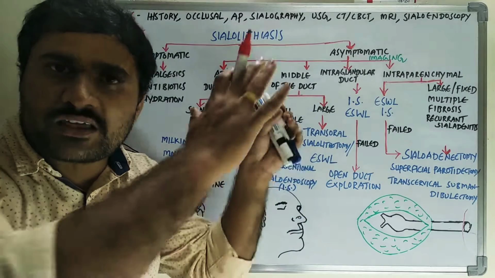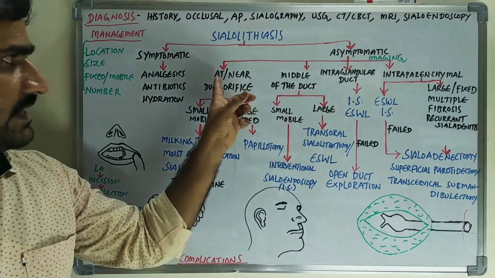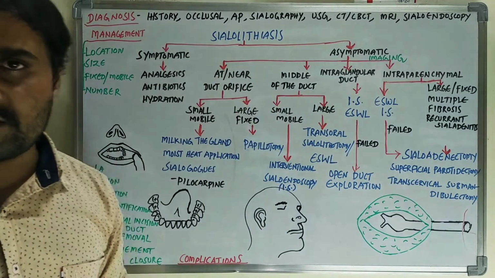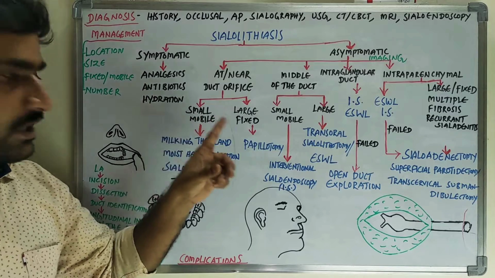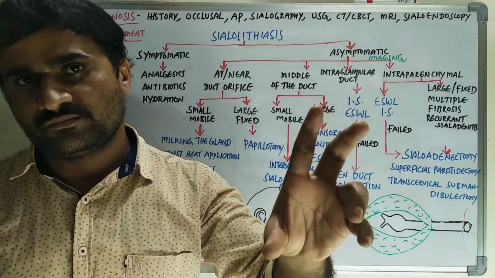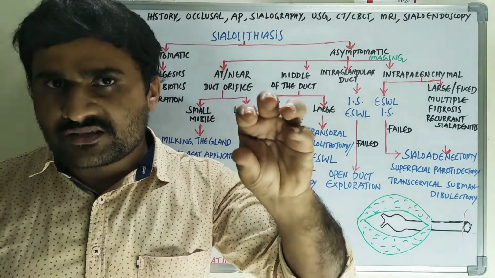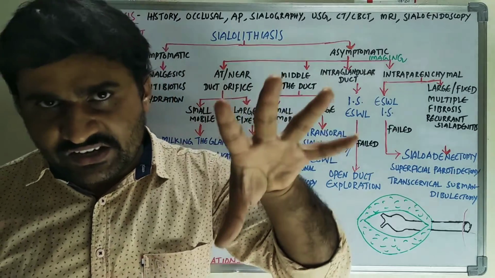Based on the location, we will see the treatment options. First, at or near the duct orifice. In this location, if the calculus is small and mobile, you can go for milking the gland, which is nothing but massaging the gland. When you massage, the gland is stimulated and salivary production increases.